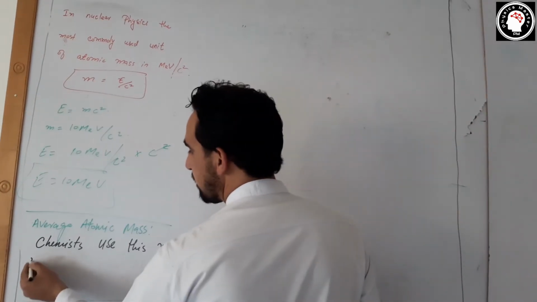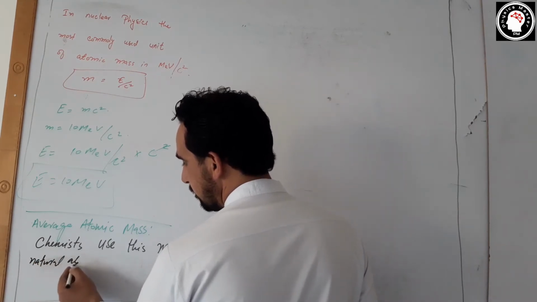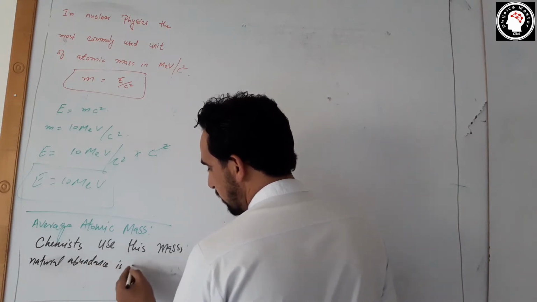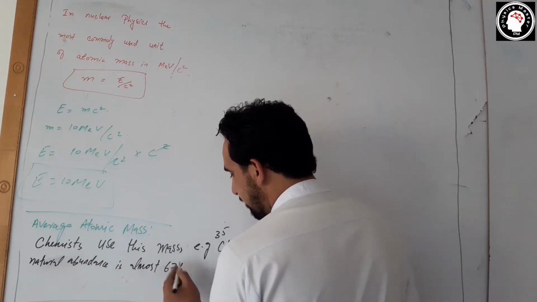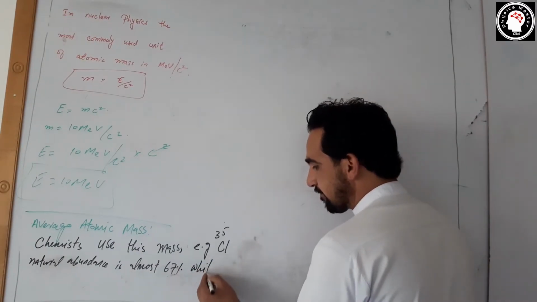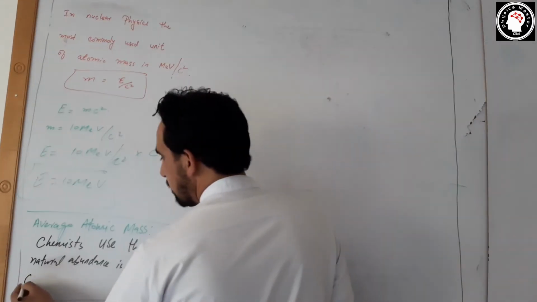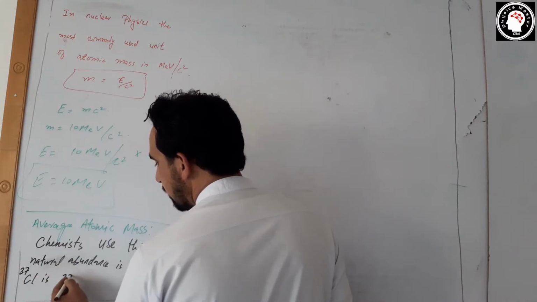Chlorine-35 natural abundance is almost 67%, while Cl-37 is 33%.